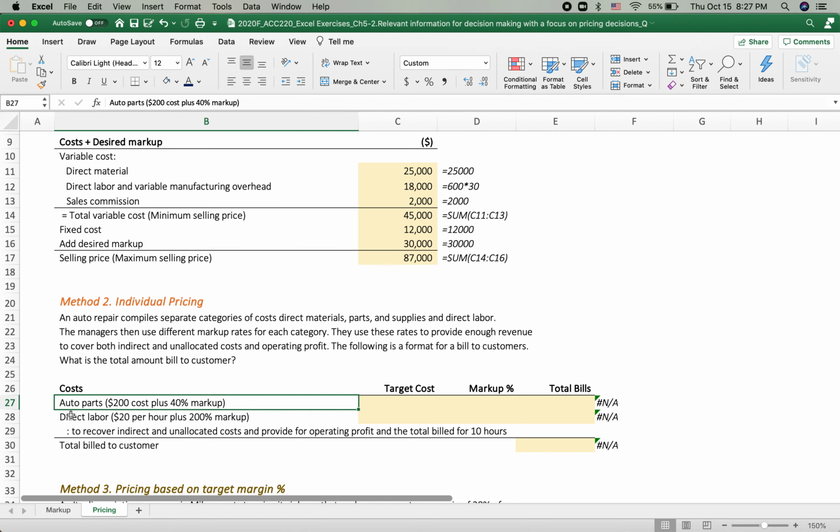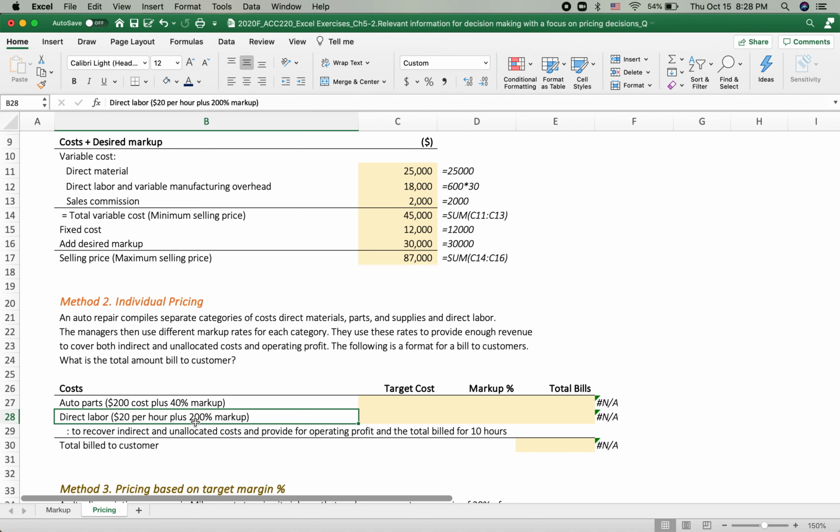We have two different types of cost. Auto parts can be deemed as the direct material: $200 cost plus 40% markup, and direct labor: $20 per hour plus 200% markup. It has a lot of markups.